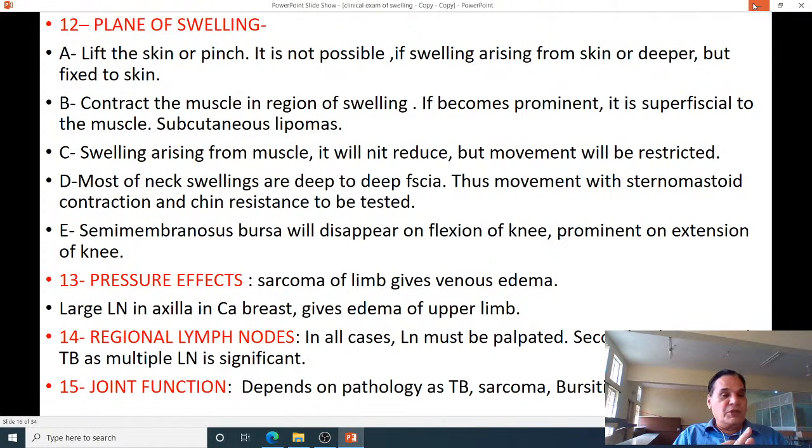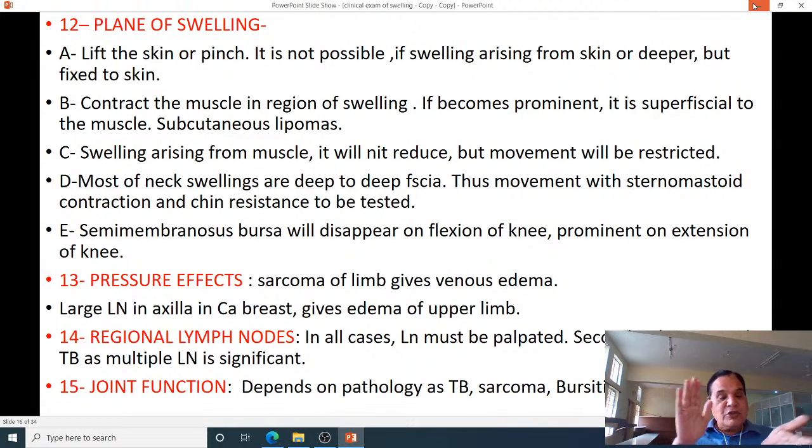You have to contract the muscle first. Remember, you must know the nature and action of the muscle. If after contraction it is very prominent, it is superficial. What is it? Lipomas. If the swelling is arising from the muscle itself, neither will it reduce nor will it move, but its movement will be restricted.